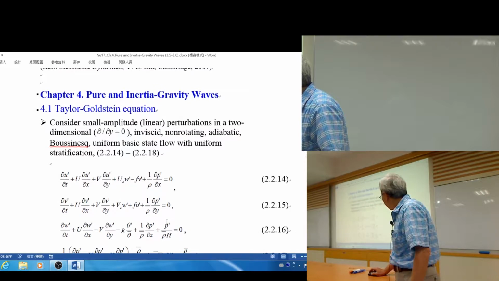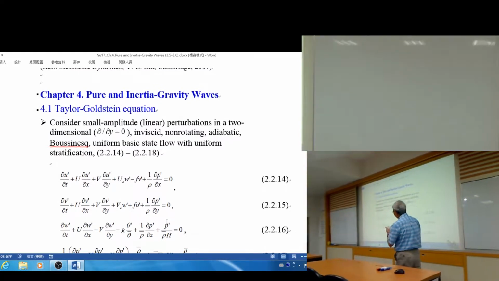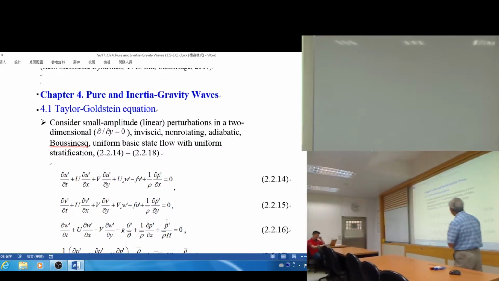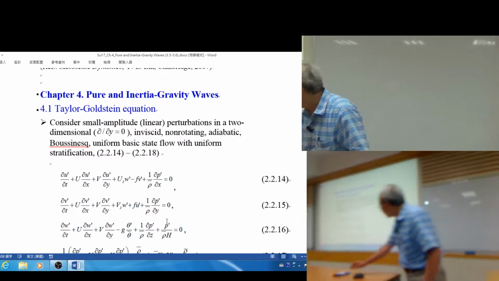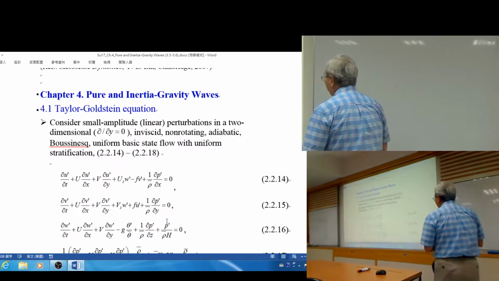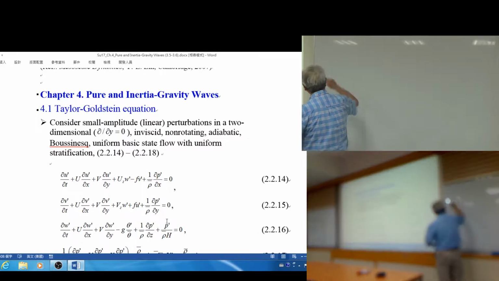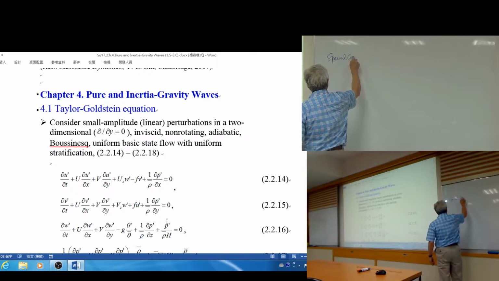First, in this chapter we are going to derive the Taylor-Goldstein equation. Now we look at this special case in order to understand it.